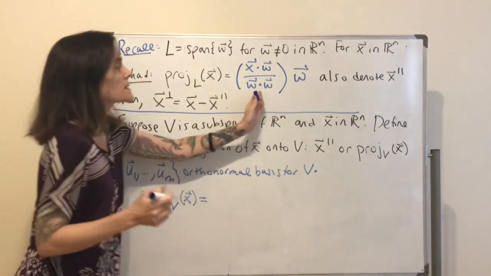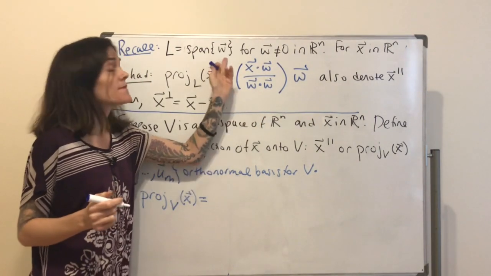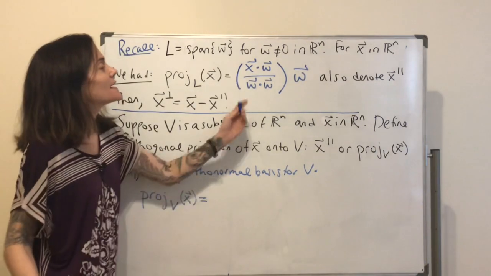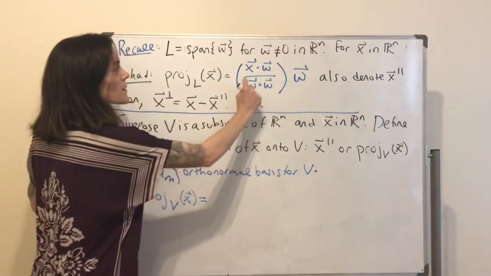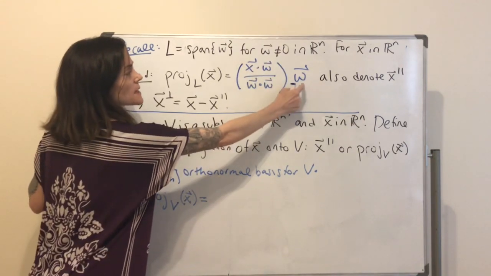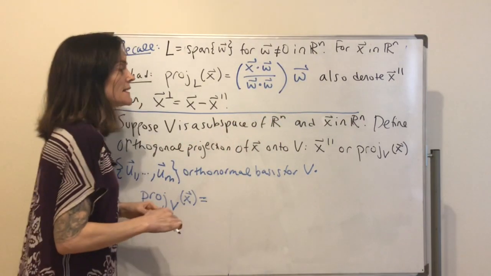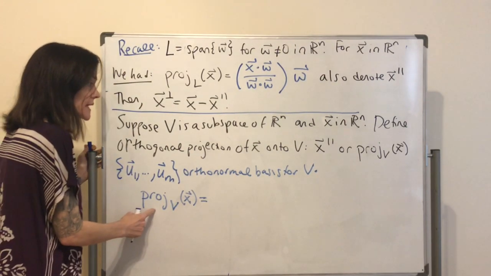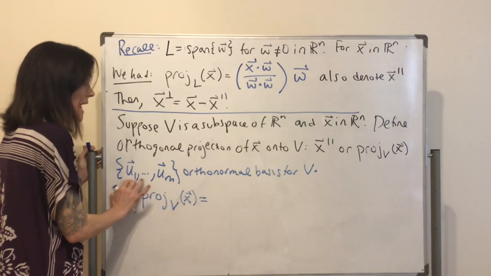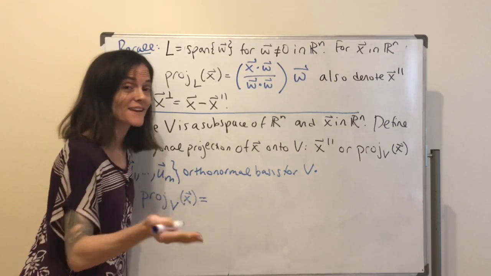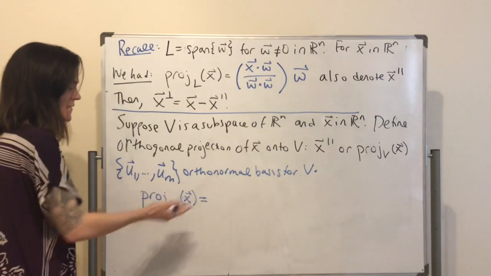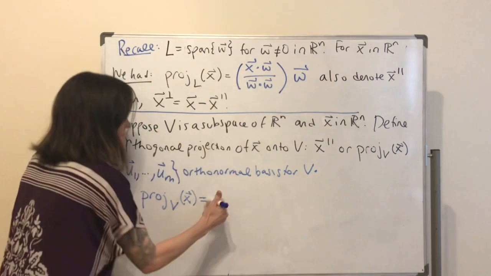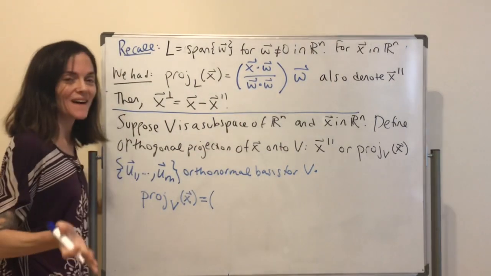Now, what would this formula, and we even discussed this, if in fact W was a unit vector, as all of these are, W dot W is 1, and all we would see is X dot W times W. That would be if it was unit. Well, this is what we will see here. So generally, to get an element of this subspace V, I need a linear combination of these basis vectors, and the coefficient in front of each vector looks like this, except understanding that each UI is unit.